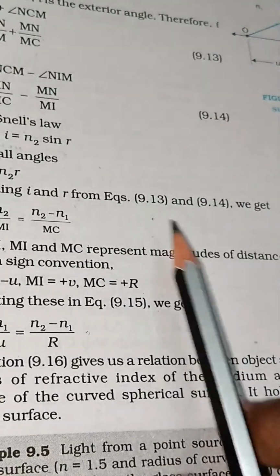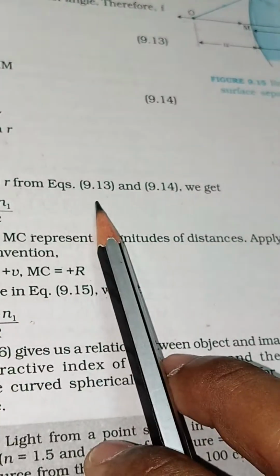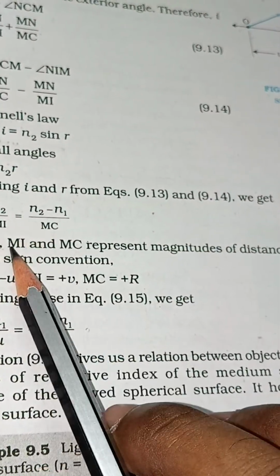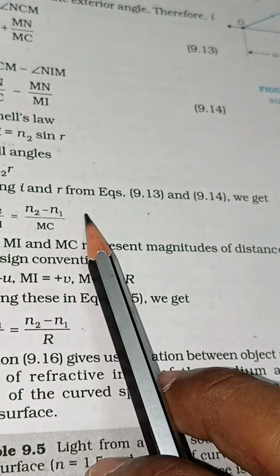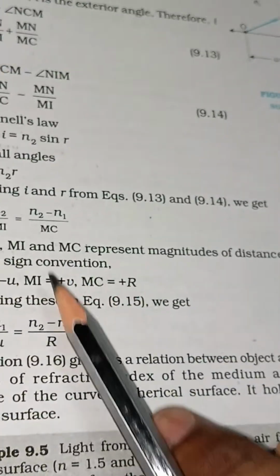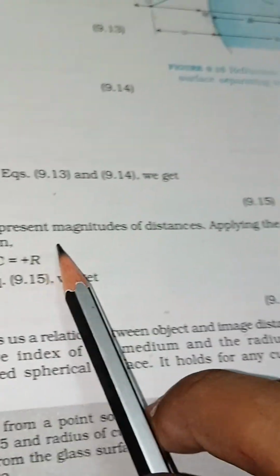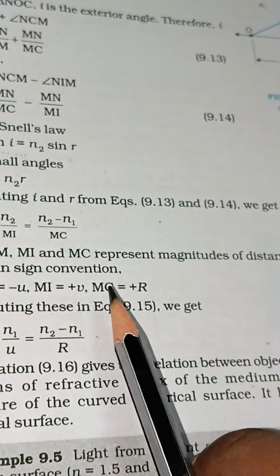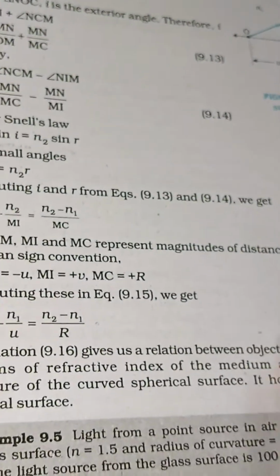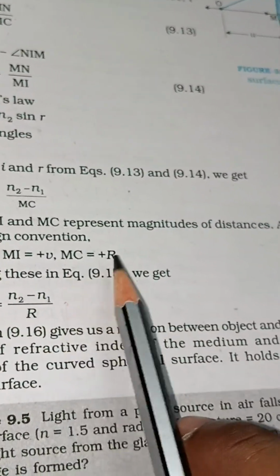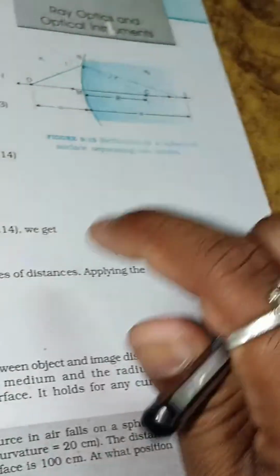Substituting i and r from equations 9.10, 9.13 and 9.14, we get n1 upon OM plus n2 upon MI equal to n2 minus n1 upon CM. Here OM, MI, MC represent magnitudes of distances; applying the Cartesian sign convention, OM is equal to minus u, MI is equal to plus v, and MC is equal to plus R in this figure.